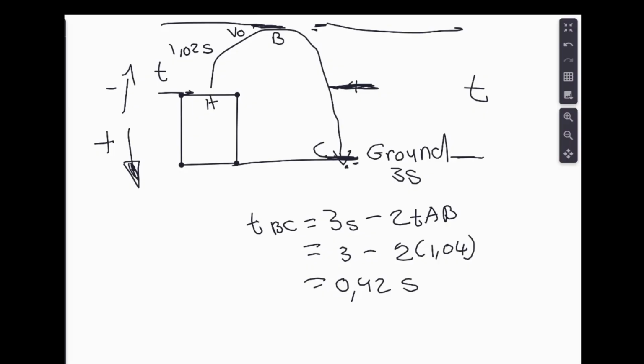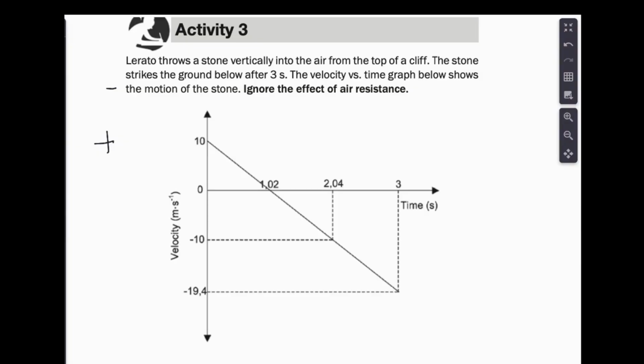What you must understand with these types of questions, right, if you look at the graph, the velocity upward on the velocity time graph would be taken as positive, right? So that you can come down to 0, and as the object accelerates down to the ground, those velocities would be taken as negative.